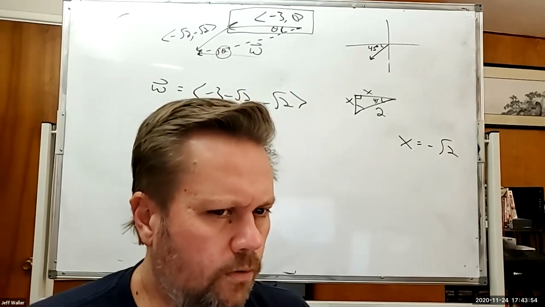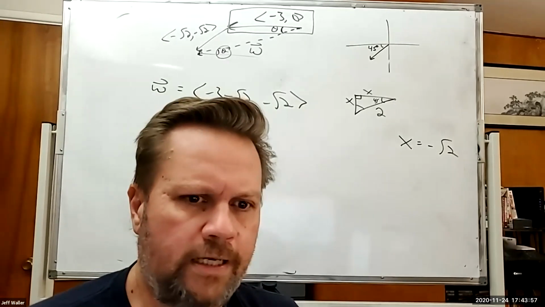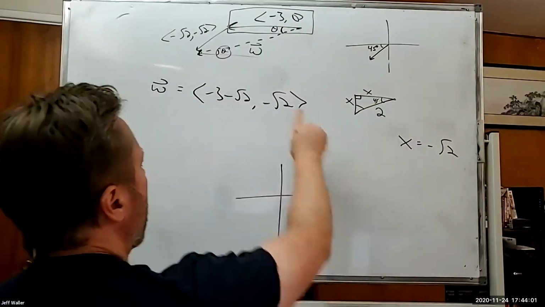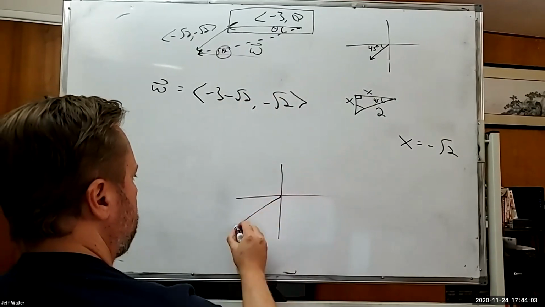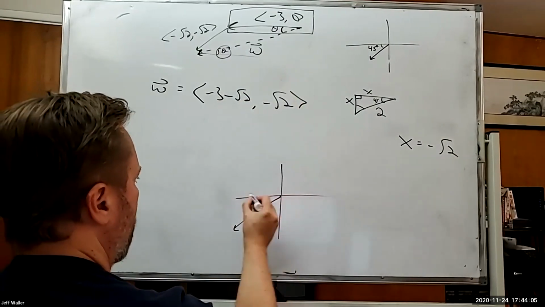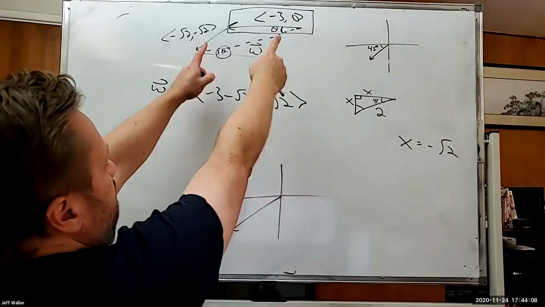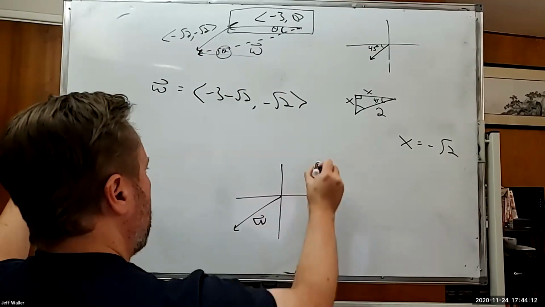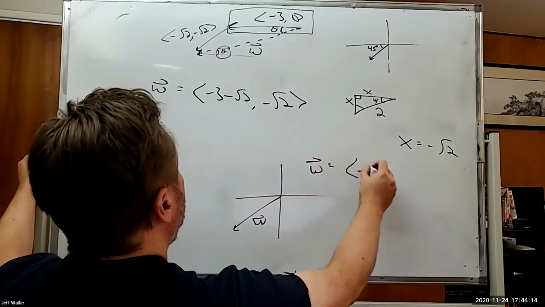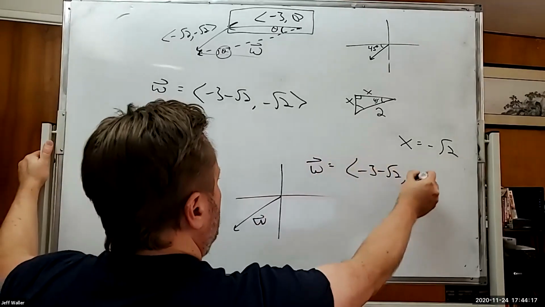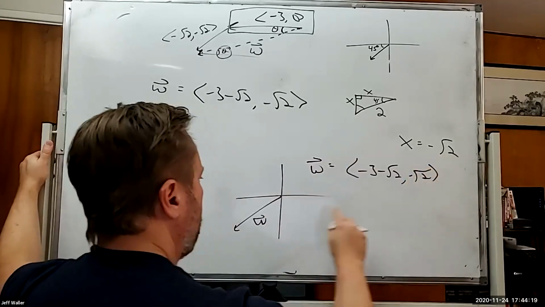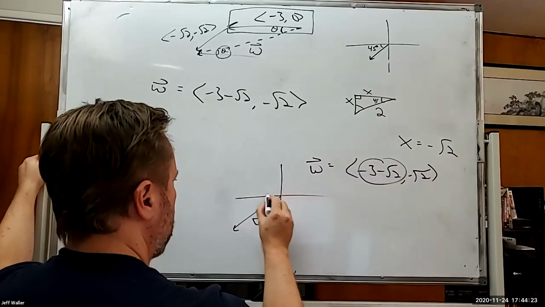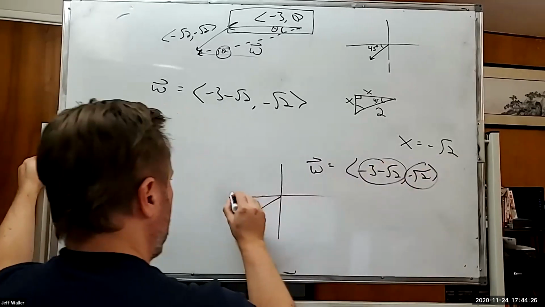So then how would you find the angle for this one? Inverse tangent. So any vector I have. Right now I've got this vector here. This is the resultant. I have this vector and the other vector, and then this is the result we got. This is the vector W. W is this bad boy. Any vector I've got, how do I see how long it is? Well, isn't this length and isn't this length?